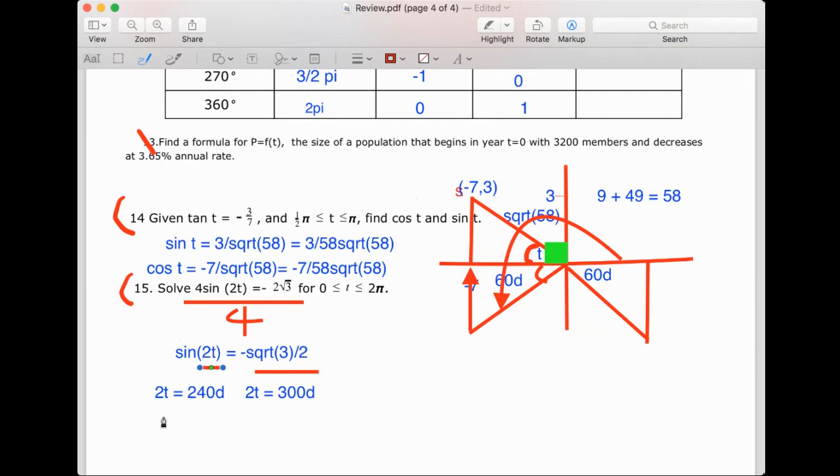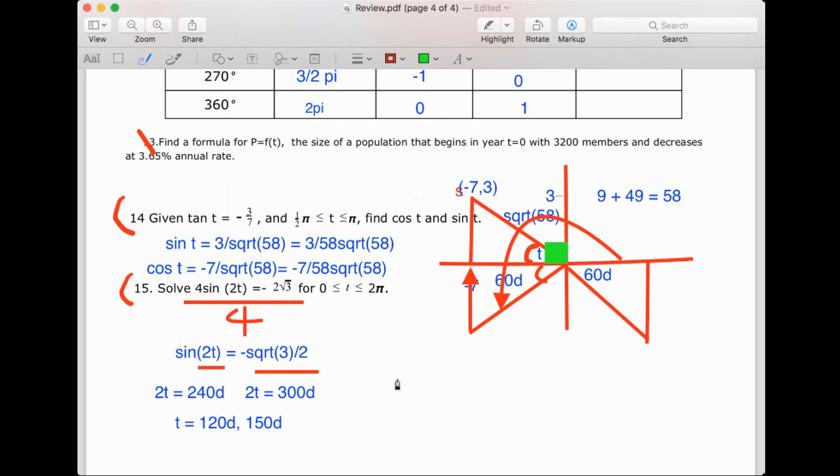Now we want to solve for t. So we just divide by 2 on both sides. 240 divided by 2 gets 120 degrees. And another angle measures 300 degrees divided by 2, 150 degrees. So for sine, you have 2 solutions.